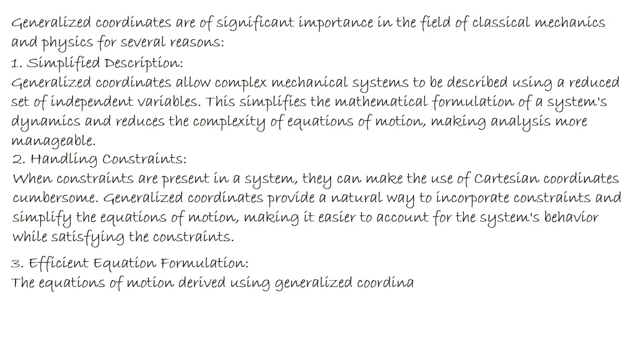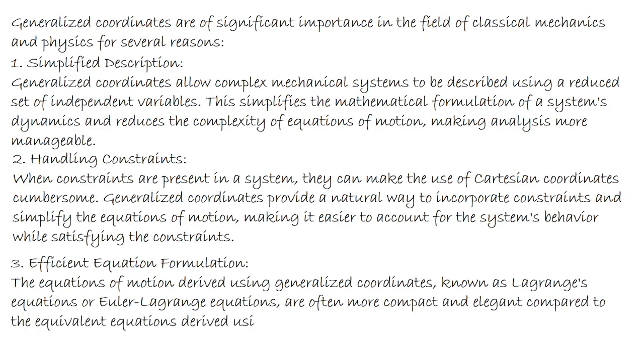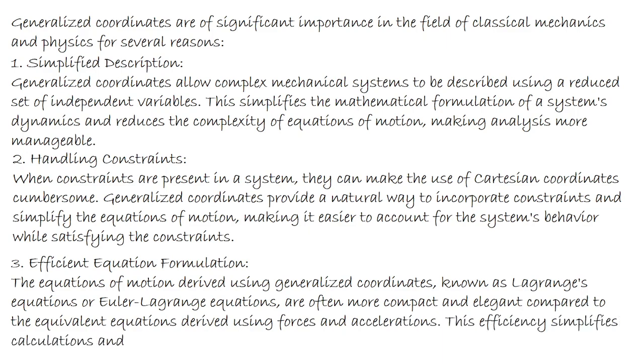The equations of motion derived using generalized coordinates are known as Lagrange's equations or Euler-Lagrange equations, and they are more compact compared to the equivalent equations derived using force and acceleration. This efficiency simplifies the calculation and facilitates the identification of patterns and symmetry of the dynamical system.